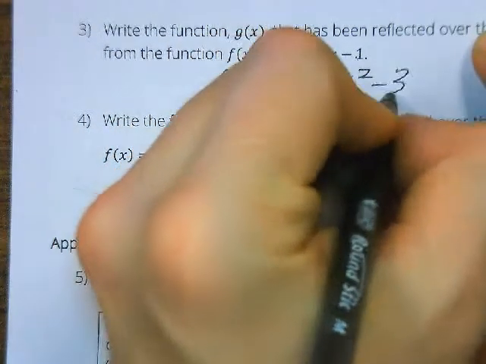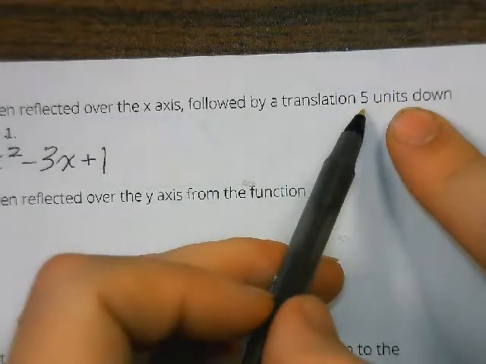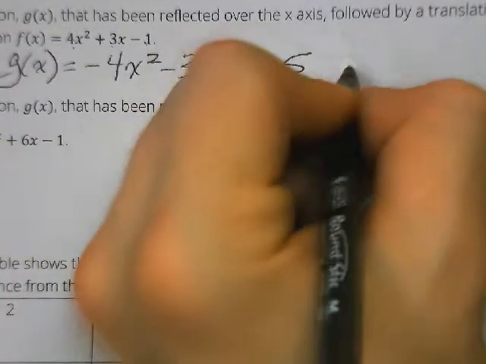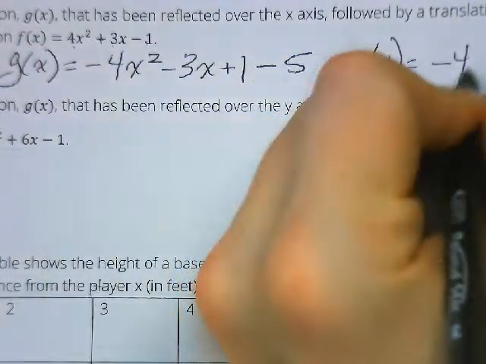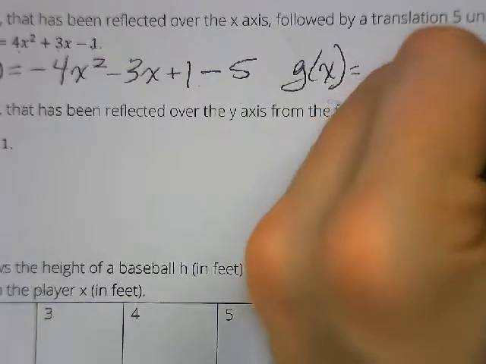And then they want us to translate 5 units down. So 5 units down will be out here. The whole thing together, g of x, when we simplify it, is negative 4x squared minus 3x, and then minus 4 to give us our final answer.